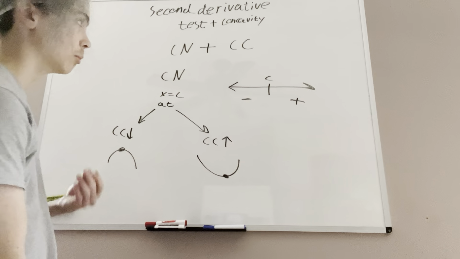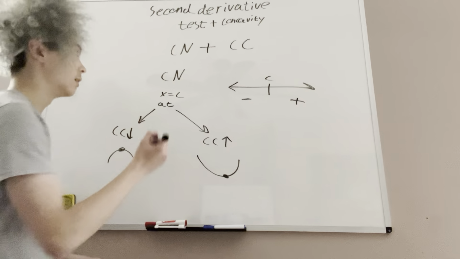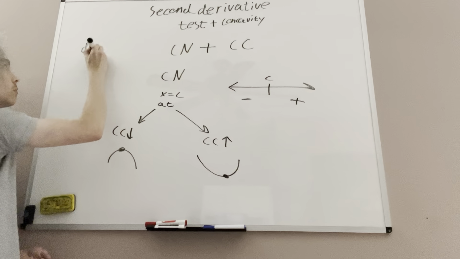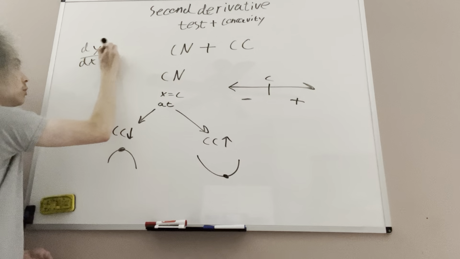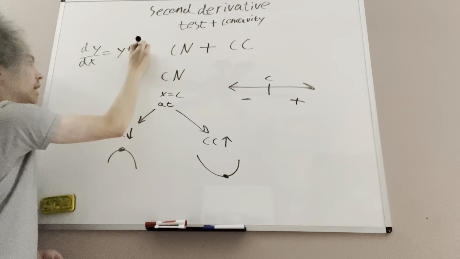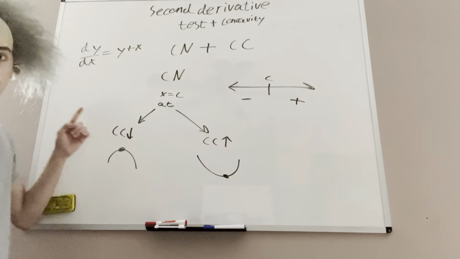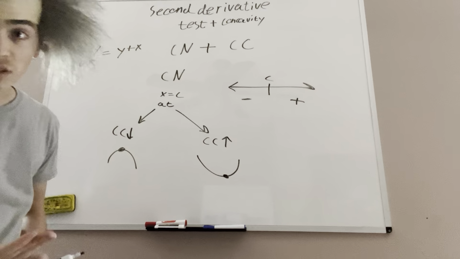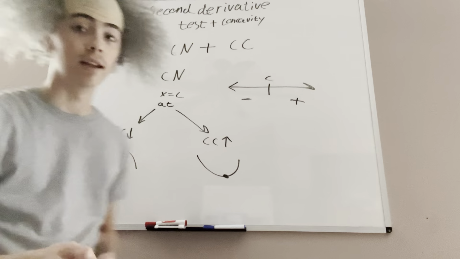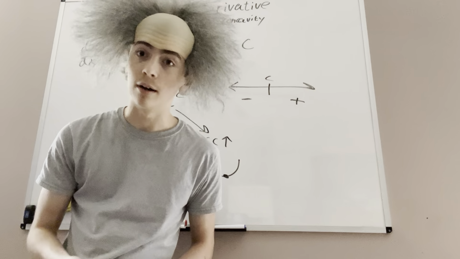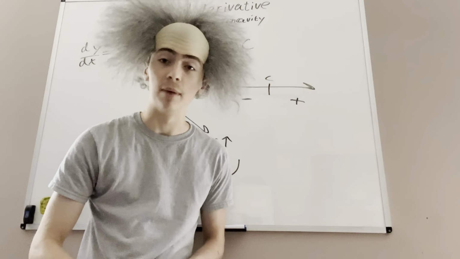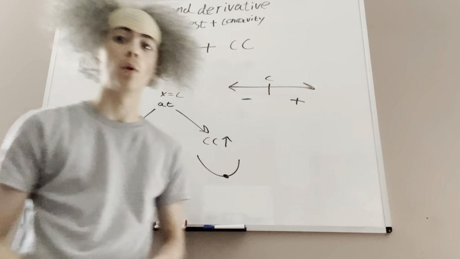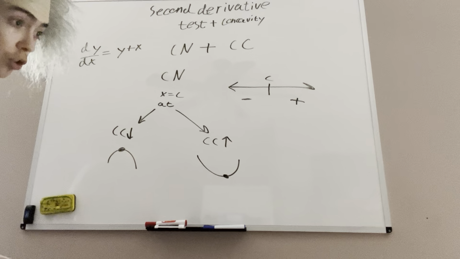Because sometimes you'll be given a weird formula, such as, let's say, dy/dx is equal to y plus x. So kind of like an implicit function. We're given a derivative here. Now, I can tell you right now, just given this derivative, I can find where there may be relative maximums and relative minimums on the function, y or f of x, given its derivative.